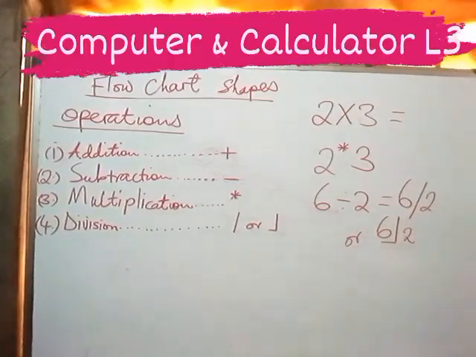This is the meaning of division signs under the flowchart or the algorithm programs. So having looked at these, we are now going to have examples on how to come up with a flowchart. After that, we look at another example on how we can come up with the pseudocode. Otherwise, thank you.